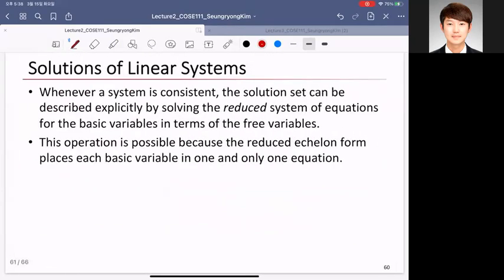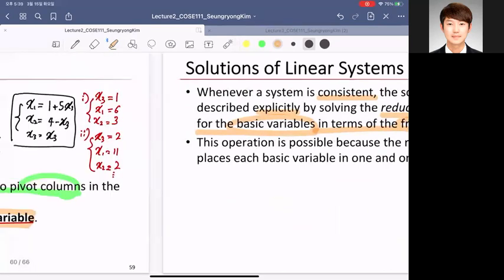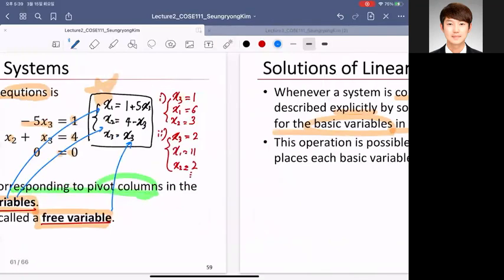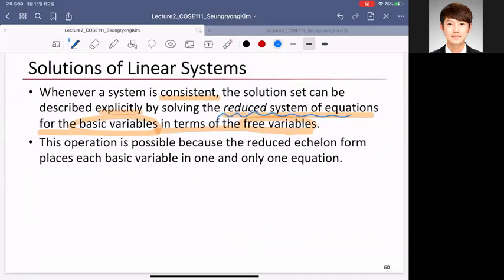Whenever a system is consistent, the solution set can be described explicitly by solving the reduced system of equations for the basic variables in terms of the free variable. So x3 was the free variable, and x2 and x1 were the basic variables.